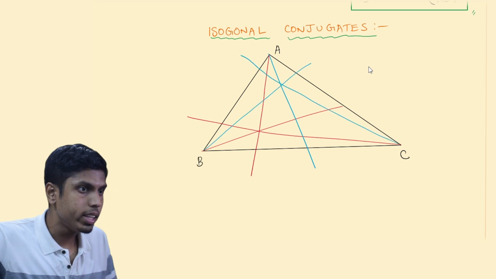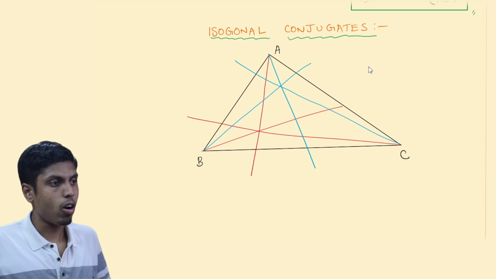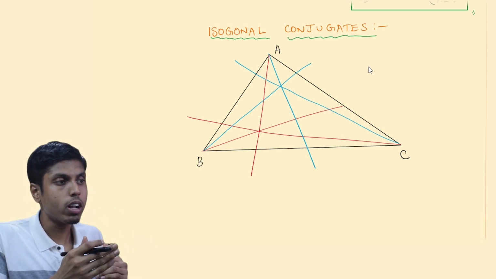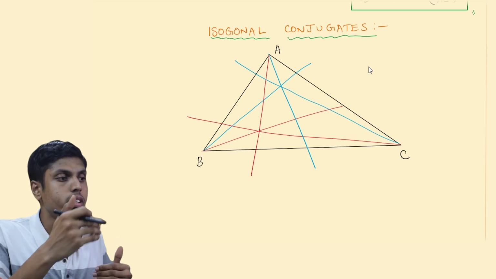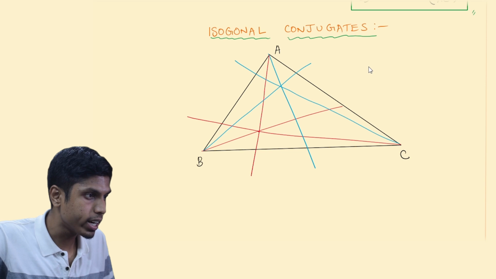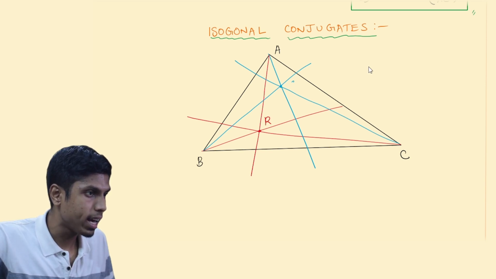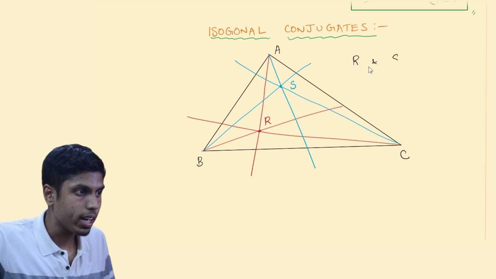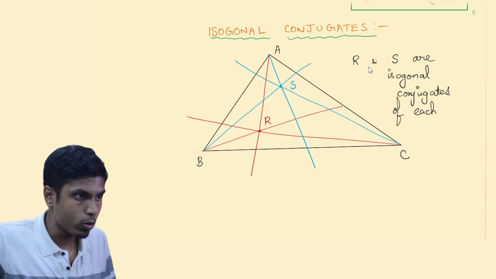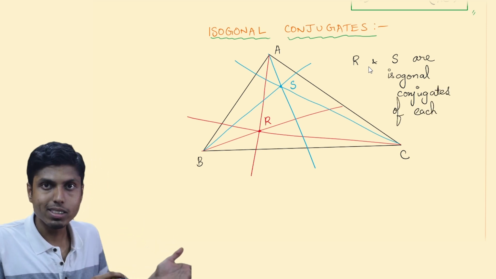It turns out that these three lines, which are the corresponding isogonals of the previous three lines, will also concur, and this point is called the isogonal conjugate of the previous point of concurrency. So the point of concurrency of red, let's call it R, and blue, let's call it S. Then R and S are isogonal conjugates of each other, because if you consider isogonal lines of those three blue lines, then you will get back the three red lines.